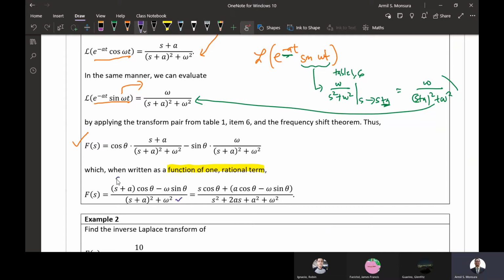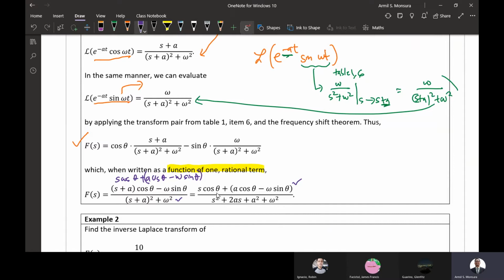Para maging S cosine theta, okay, plus A cosine theta minus omega sine theta. And take note na ito, lahat yan constant. Kasi A is a constant, theta is a constant, omega is a constant. So therefore, yung mga pinarenthesis ko dito, lahat yan constant yan.